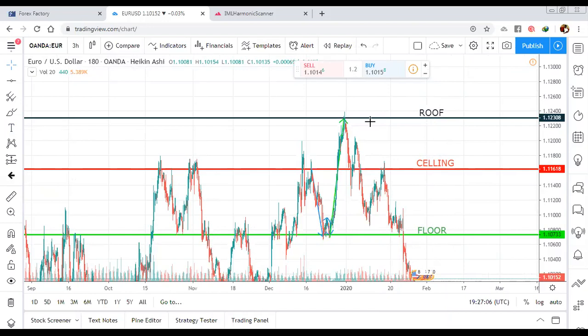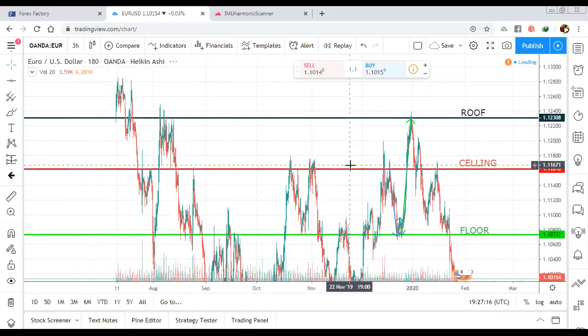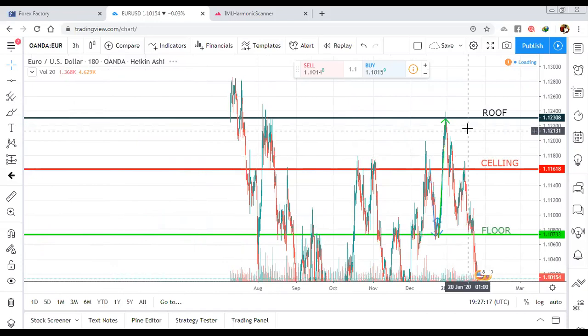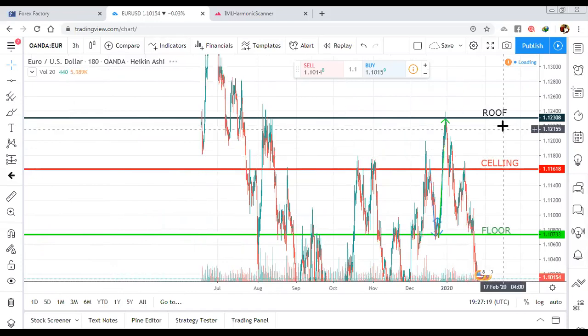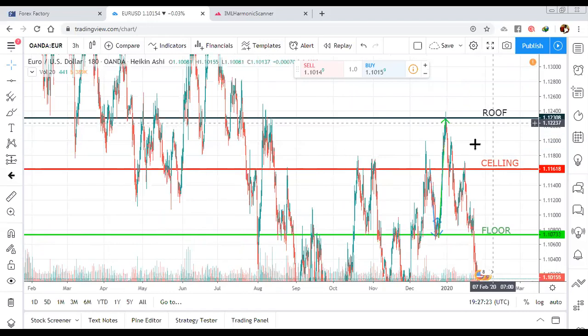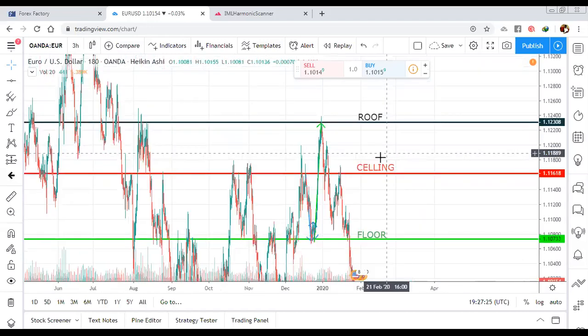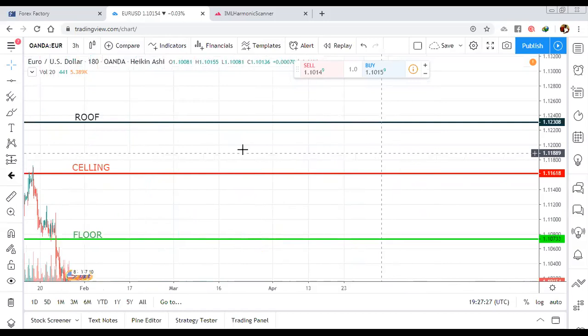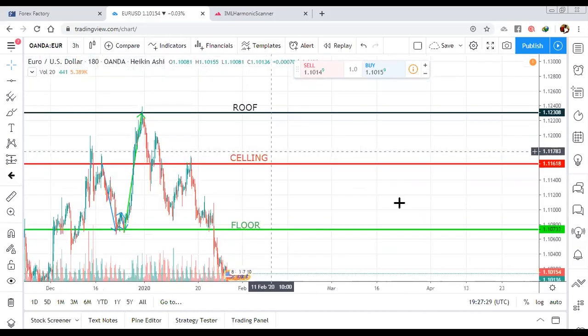As long as the market is within this place and did not break out, it is called the roof. You can also put ceiling there because the roof can also be a floor as well. As long as the market is respecting that area, you just leave it like that.